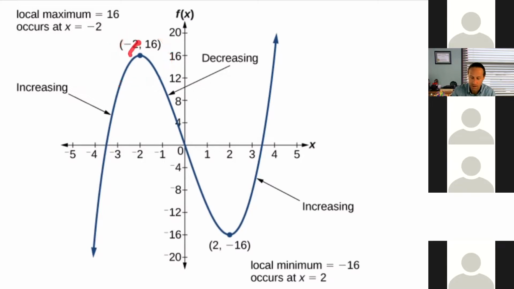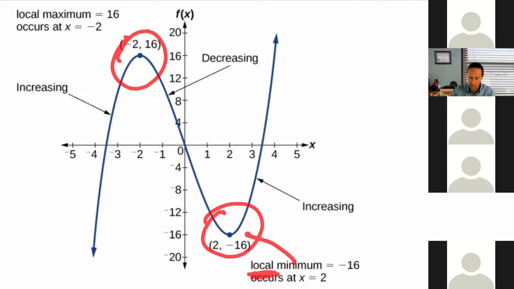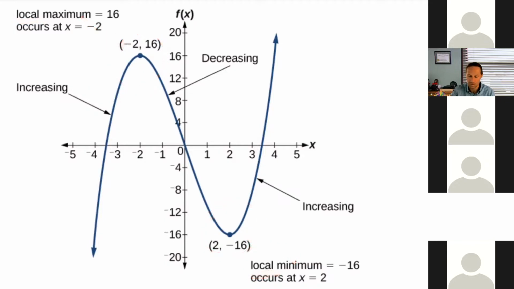Whether it's that big around or this big around, this value is by far the highest. Is it the absolute or global maximum, highest point or lowest point? No, but around it, it is by far the highest or lowest point, which is why we call it a local minimum or a local maximum. And why do we even care about those? What's important about those peaks and those valleys?